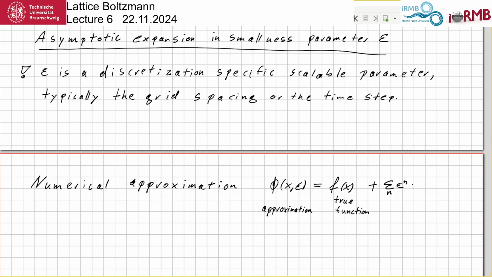This is a power series in the smallness parameter, a series of error terms. This is my definition of a numerical approximation.